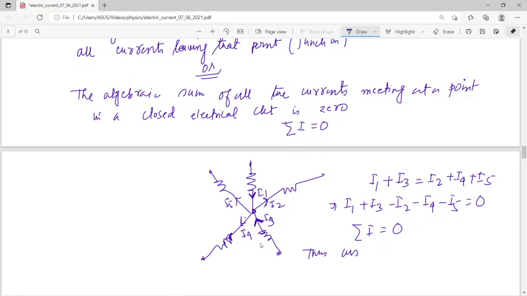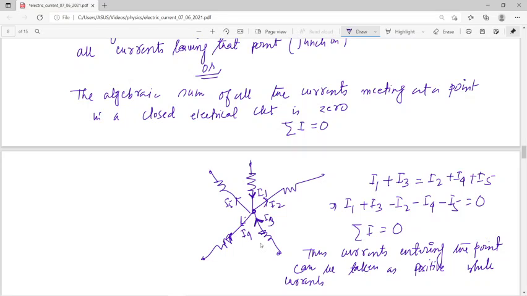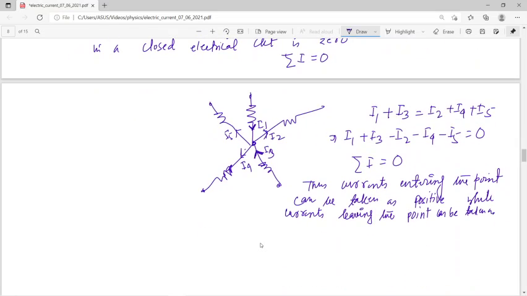That means current entering the point can be taken as positive, while current that is leaving the point can be taken as negative.